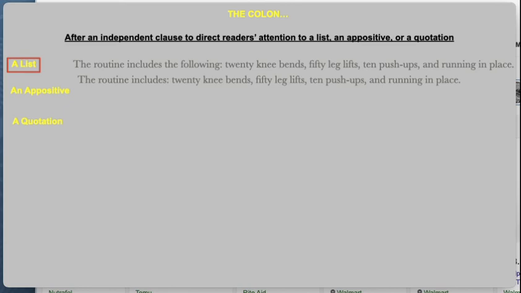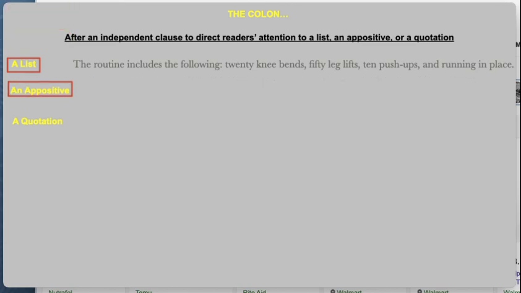They are not a complete sentence. Look at the sentence above it. The routine includes the following. That actually is a complete sentence. So make sure that in every case, when you're using a colon to direct readers' attention to a list, an appositive, or a quotation, you have a complete sentence before the colon. Okay?